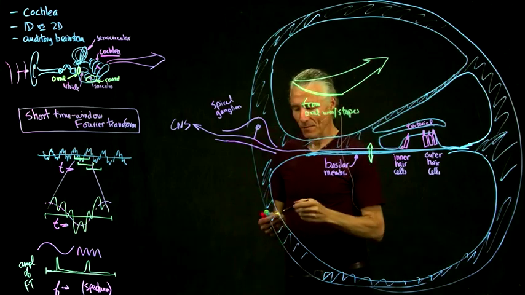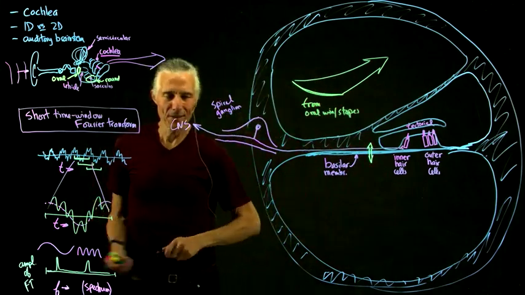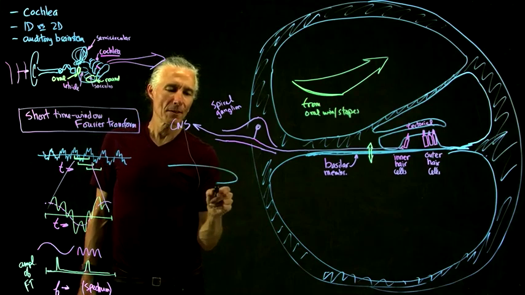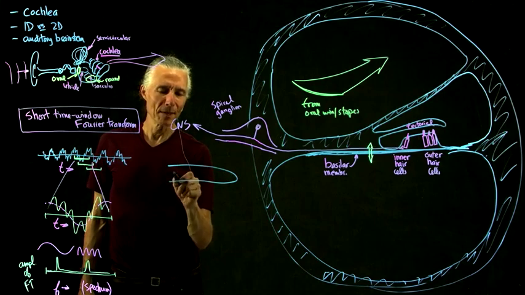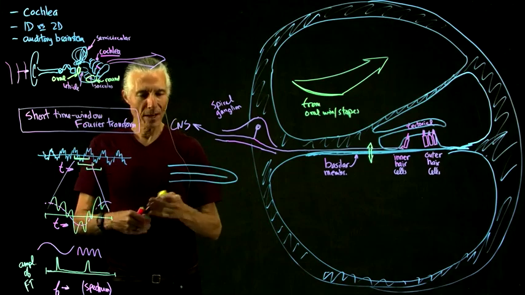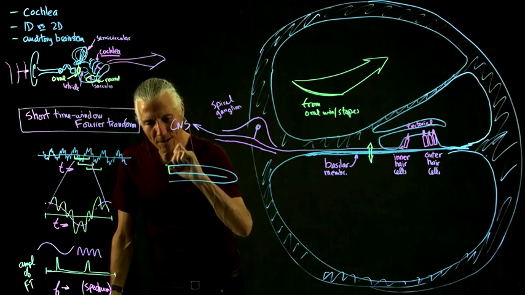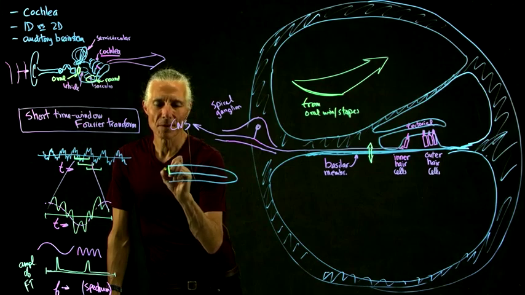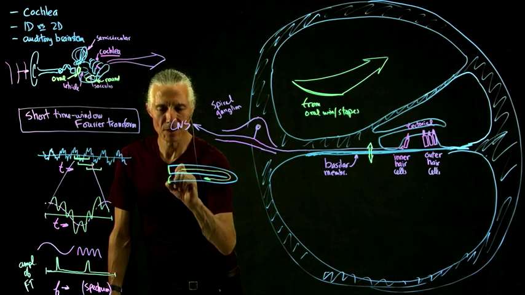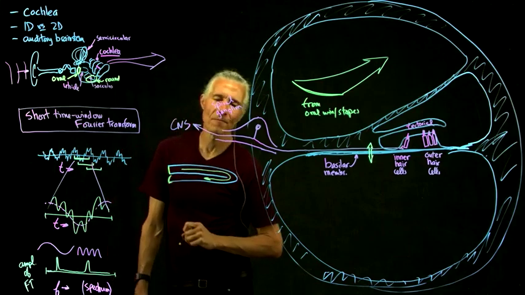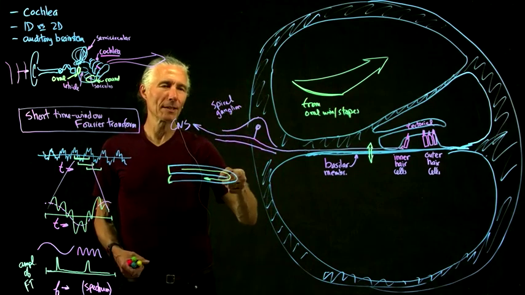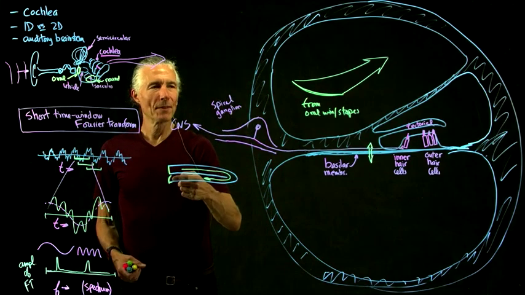And then, how did this get started off? It's easier in something like a bird. If you look in a bird, the cochlea is called the lagena, but it's the same thing. Here's that basilar membrane right there. And here's the oval window. These fluid cavities are attached like this. And here's the round window. So you have a continuous fluid cavity that goes to the end of the cochlea and then connects back up to the oval window.